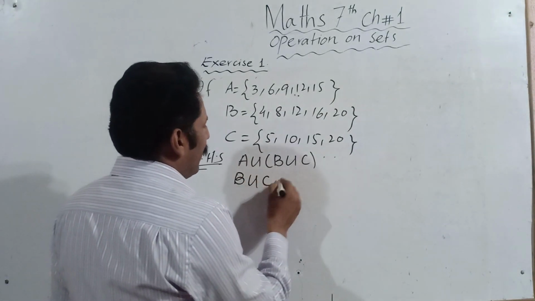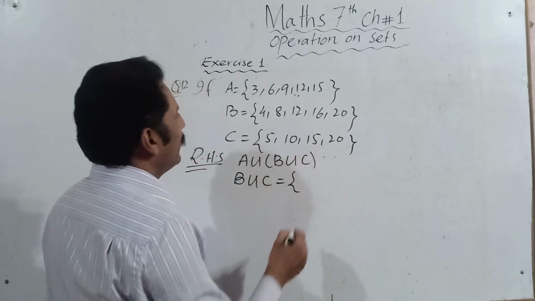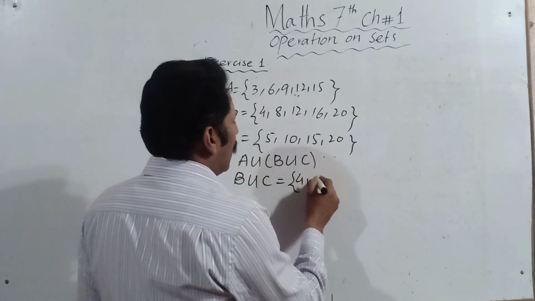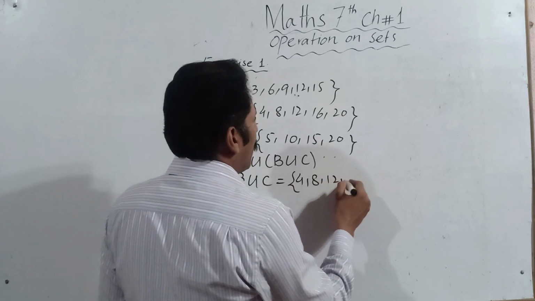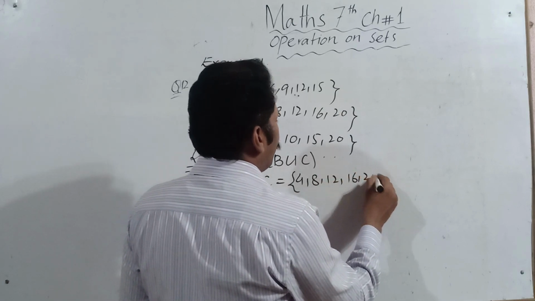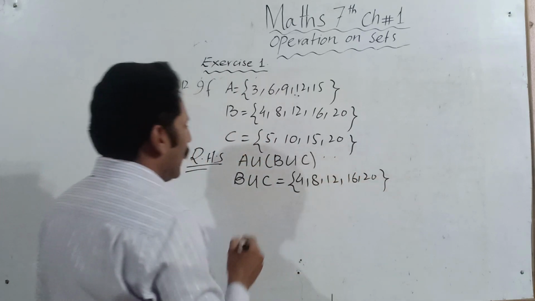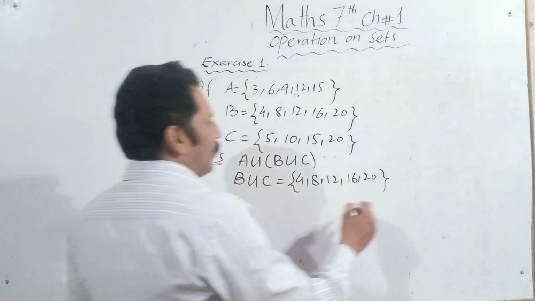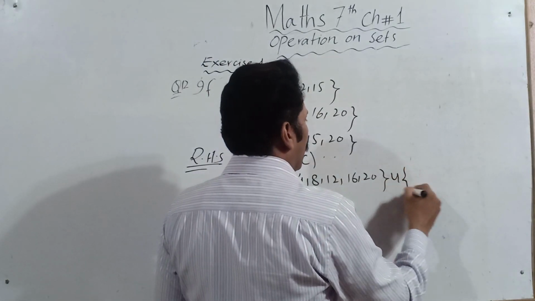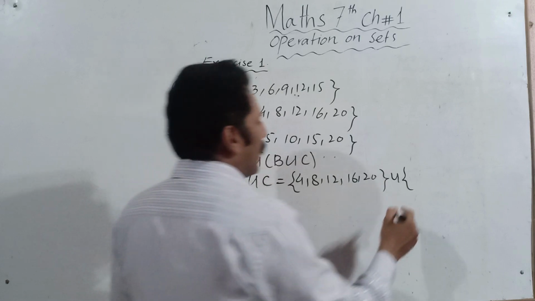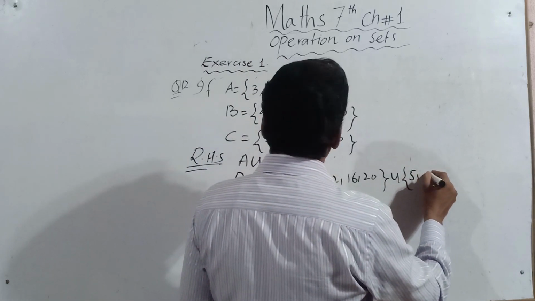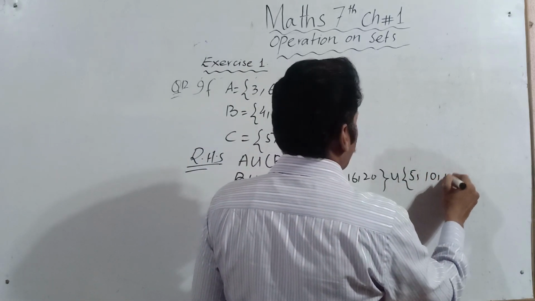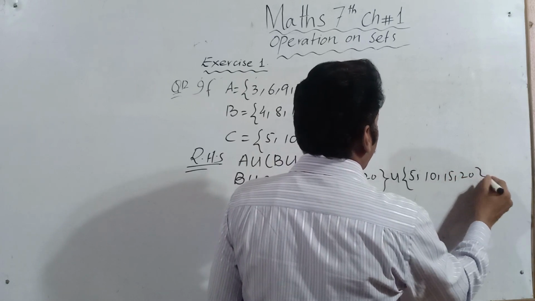B union C is equal to the elements of set B: 4, 8, 12, 16, and 20. Then the union sign and the elements of C. These are the multiples of 5: 5, 10, 15, and 20.